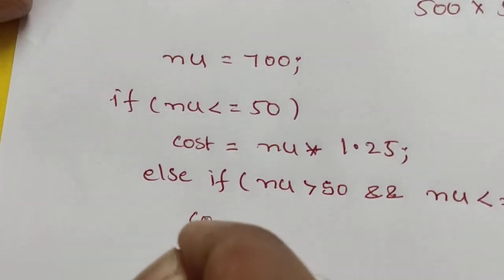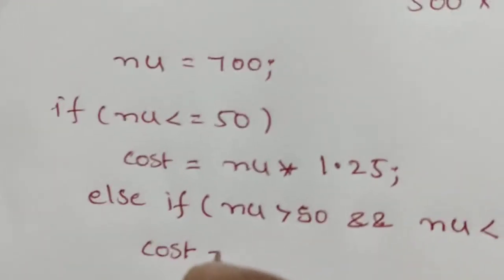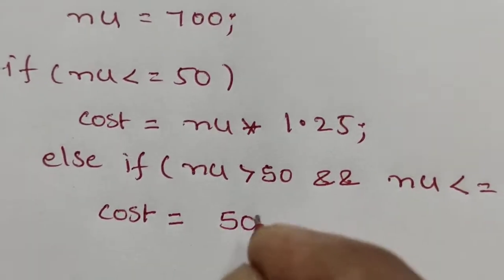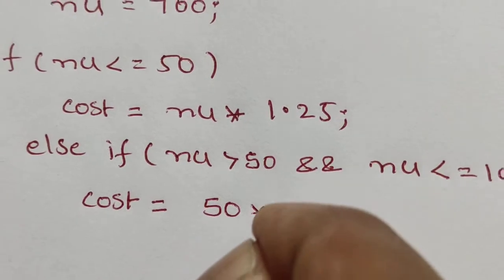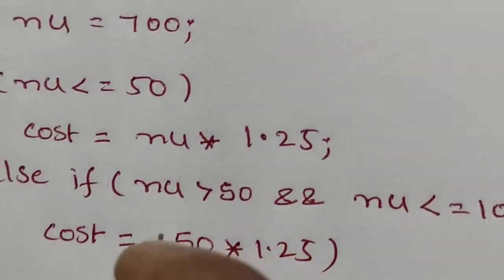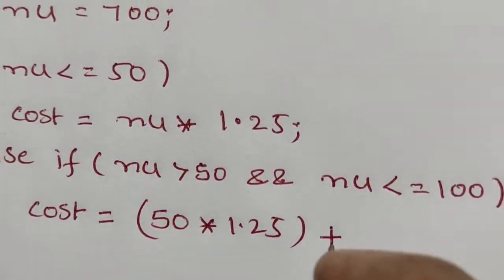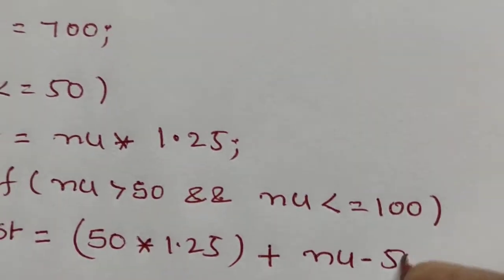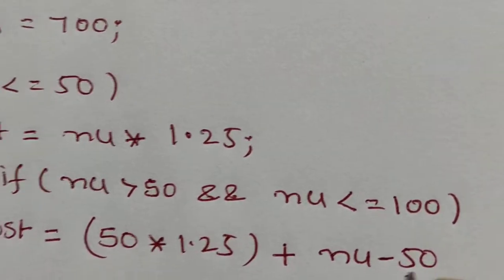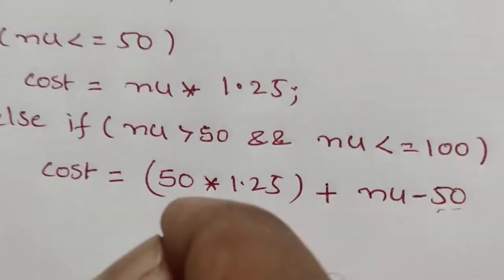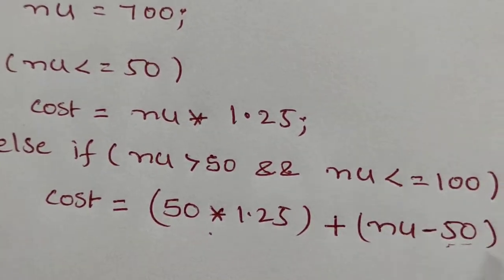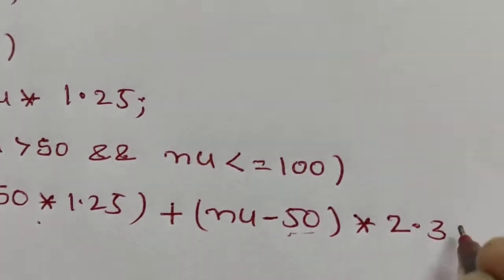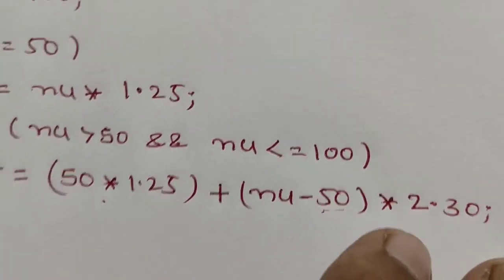Here we calculate the cost as cost equal to 50, for the first 50 units, 1 rupee 25 paise. We don't know the remaining number of units, that is NU minus 50. We subtract this 50 because for these 50 units we already calculated. NU minus 50 into the second slab, 2 rupees 30 paise per unit.